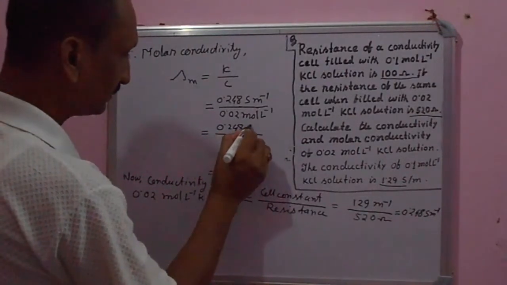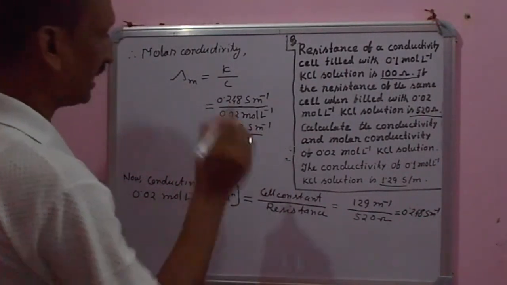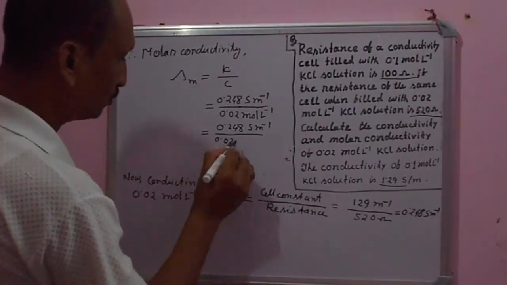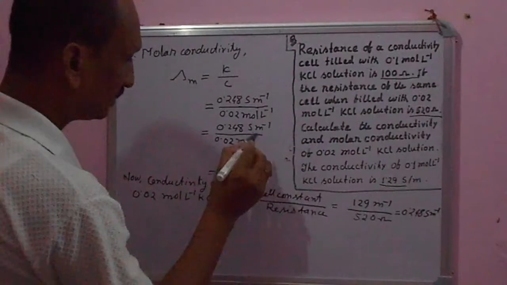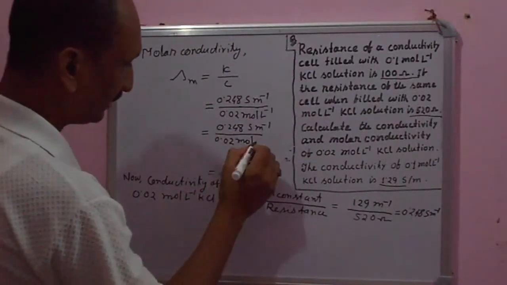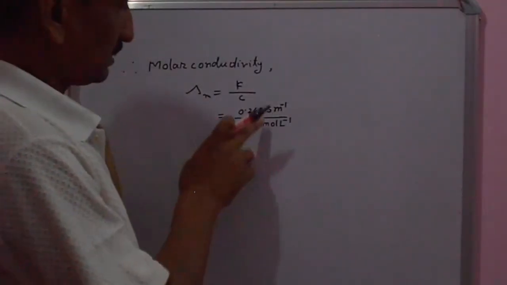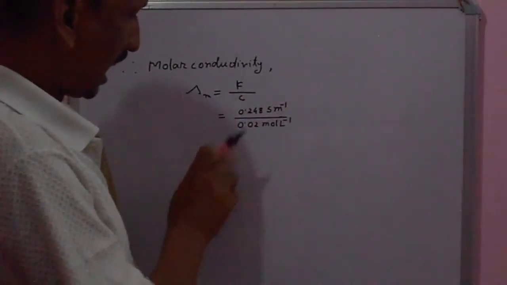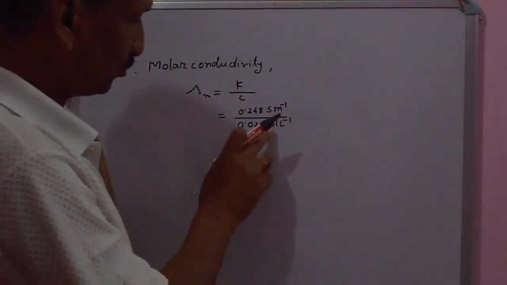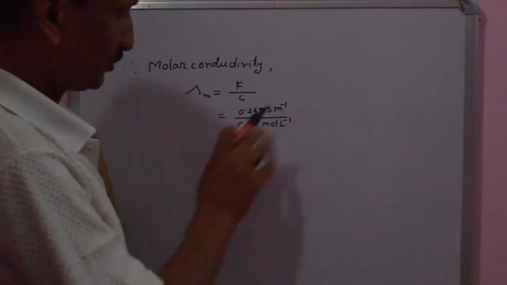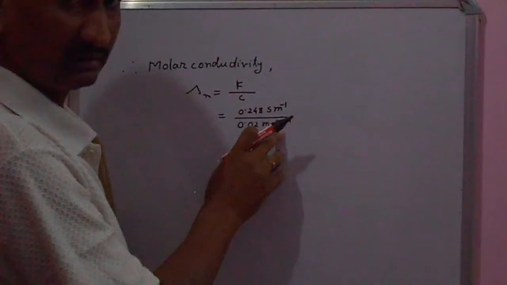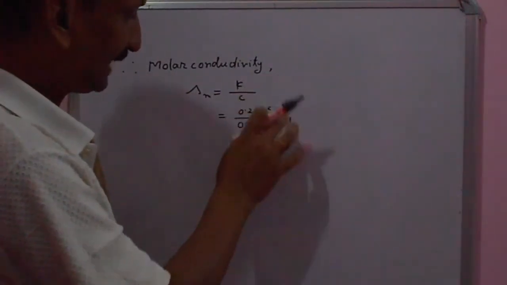Kappa is given in Siemens meter inverse and concentration is given in mole per liter, so we have to make it alike.